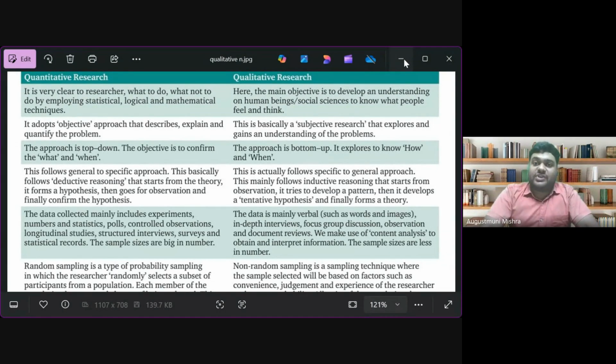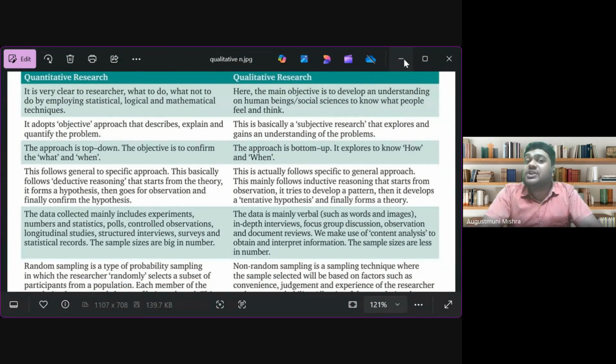Like we talked about yesterday, reliability means if they perform that same research today, which was performed 50 years back, they are going to get the same result. By using those statistical, logical, and mathematical formulas, they can get the same result as the experiment conducted by the previous researcher 50 years back.